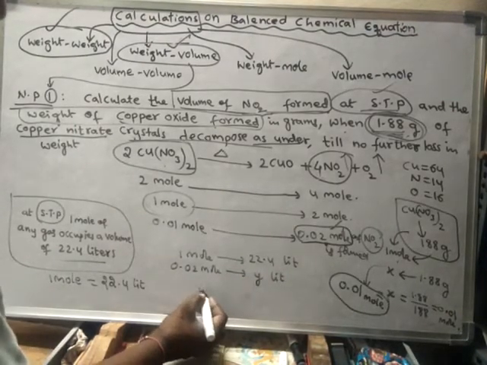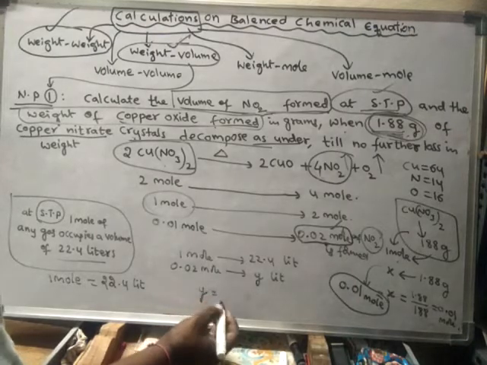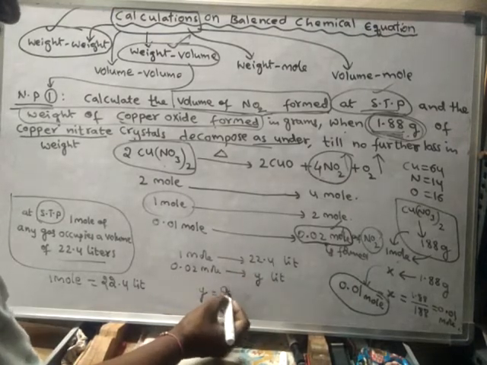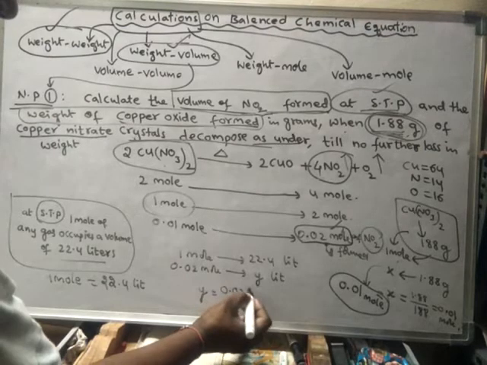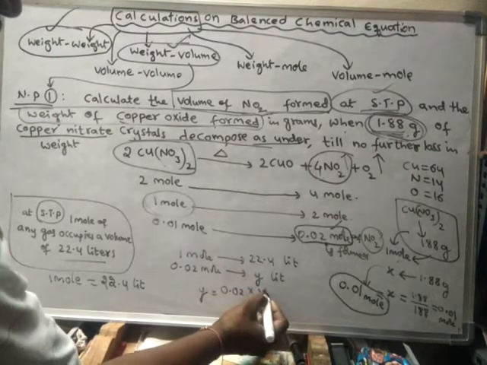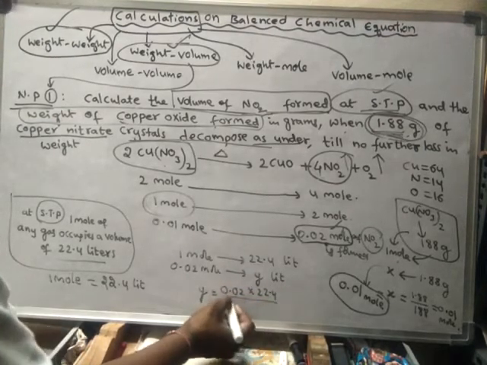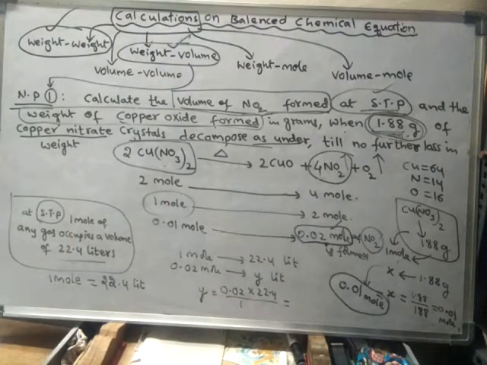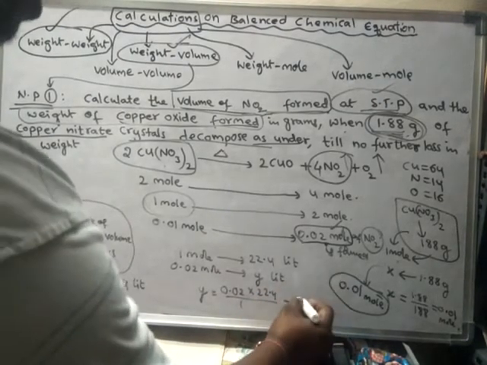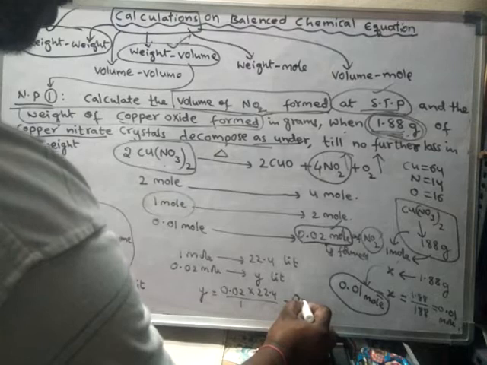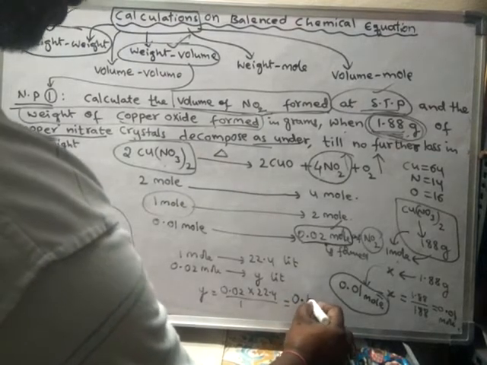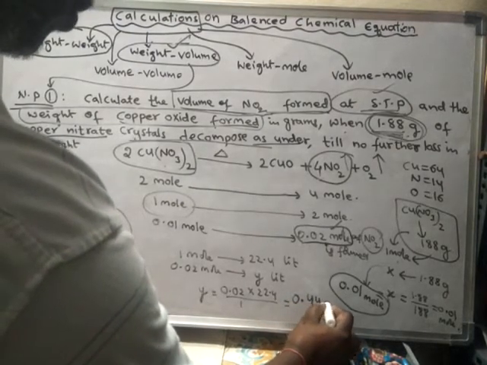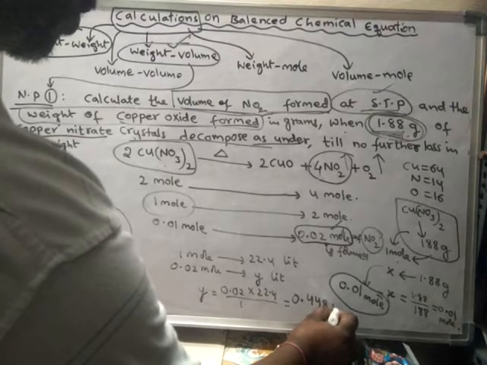Then Y will be equal to 0.02 into 22.4 by 1. So it will be 0.448 liters.